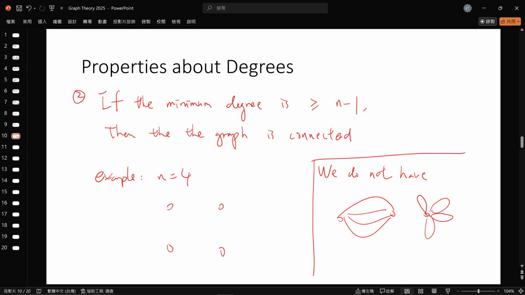For this type of edges, these edges are between the same 2 vertices. So for these 2 vertices, there are multiple edges between them. So we do not have this type of edges in our graph or in this master.